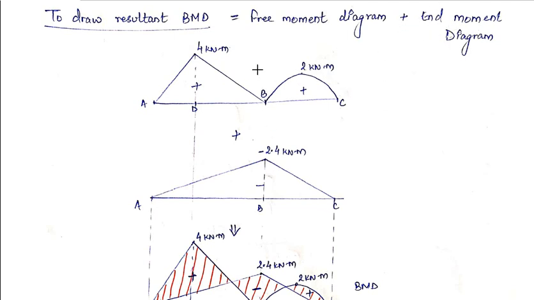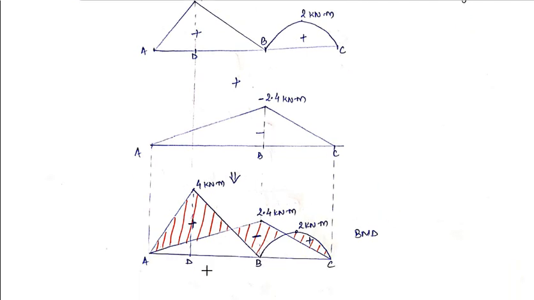Now superimpose these two diagrams. After superimposing, we will get this type of diagram. This was the free moment diagram, and this was the end moment diagram. The areas of these two bending moment diagrams which are coinciding, or overlapping, will nullify each other, and the remaining portion will give you the resultant bending moment.